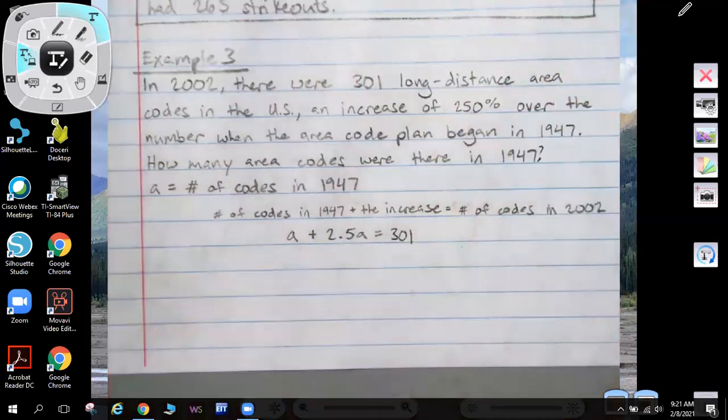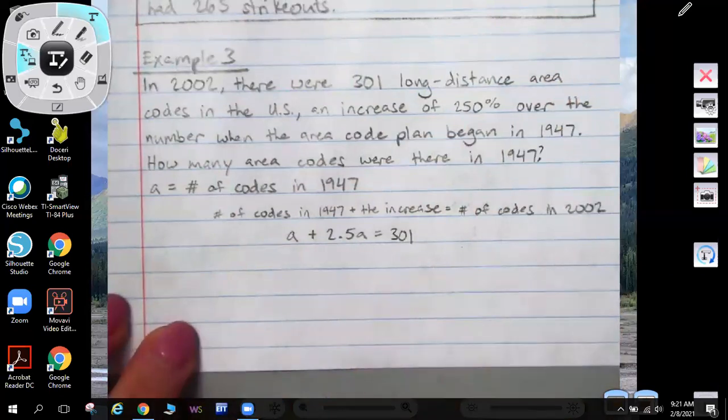That's what we're doing in this equation. The number we started with plus the increase to get the number that we had in 2002. Okay, just the one equation this time.